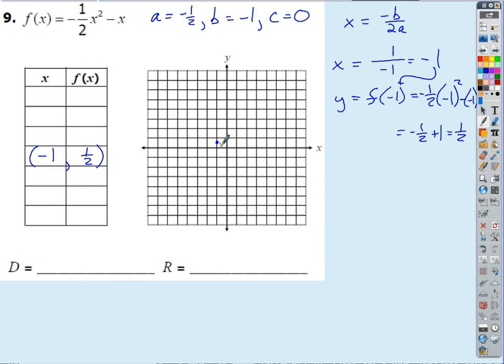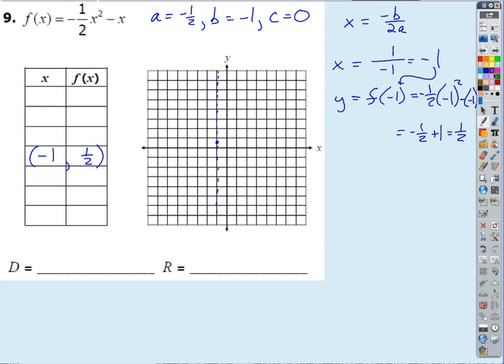So it's not at a very convenient place, it's right there. Here's my axis of symmetry. Okay. Is it going to open up or down? It's going to open down. And so now we want to pick some convenient places to check this thing. Well, what's probably the most convenient x value to plug in? 0.